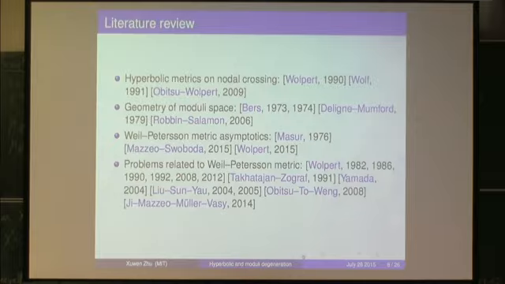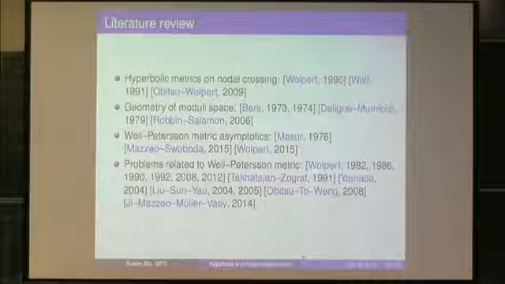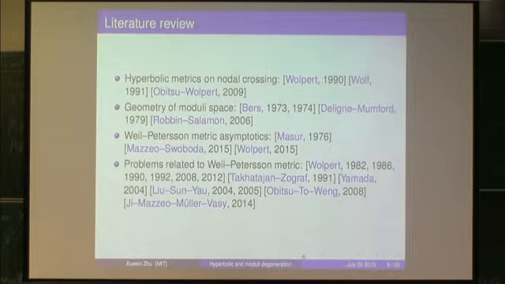And for the Weil-Petersson metric, the asymptotics across the divisor, I'd like to mention Mazzeo and Swoboda deduced the behavior of the asymptotics on M_g this year using a somewhat different method. I'm going to focus on M_g, the unpointed case, in my talk. And later in the next talk, Richard will talk more about the pointed case.